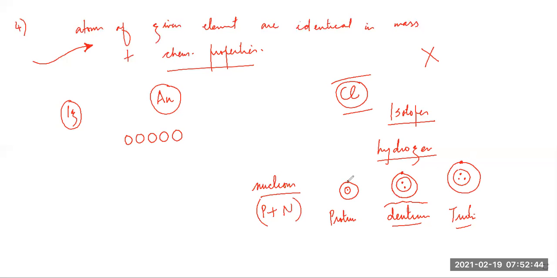So you see, the way they react will be the same for all the 3, but their masses are different, because atomic mass, we know, students, is mainly because of the nucleus, 99.99%. The atomic mass of an element is because of, any student? Protons, neutrons, or electrons?